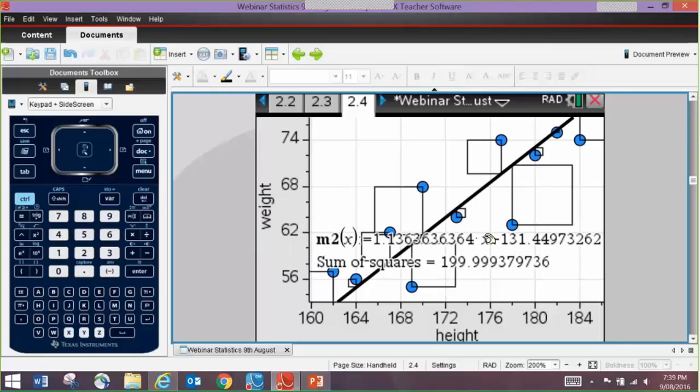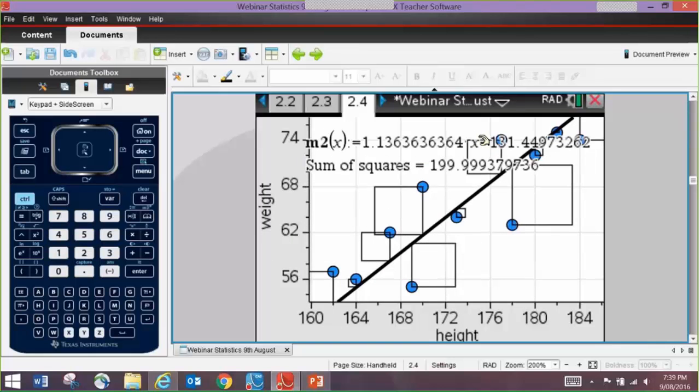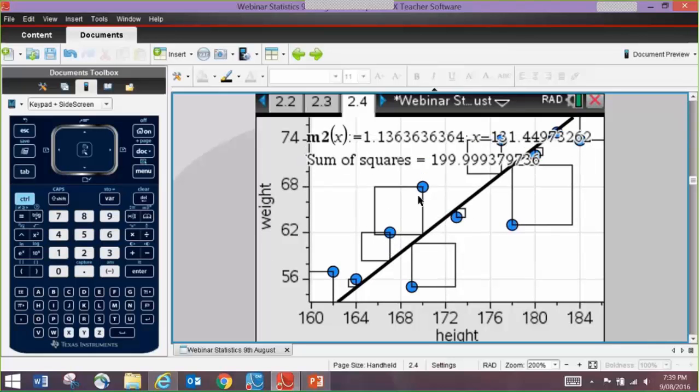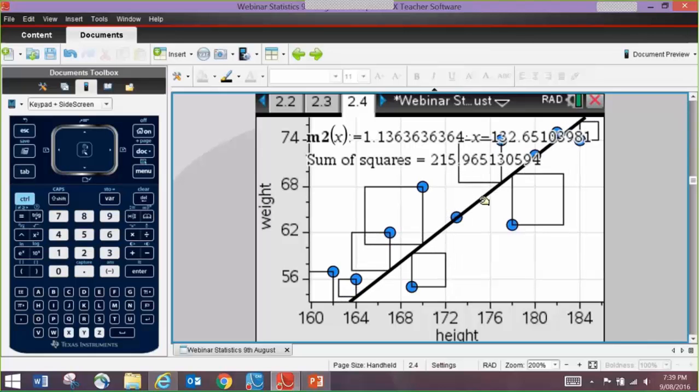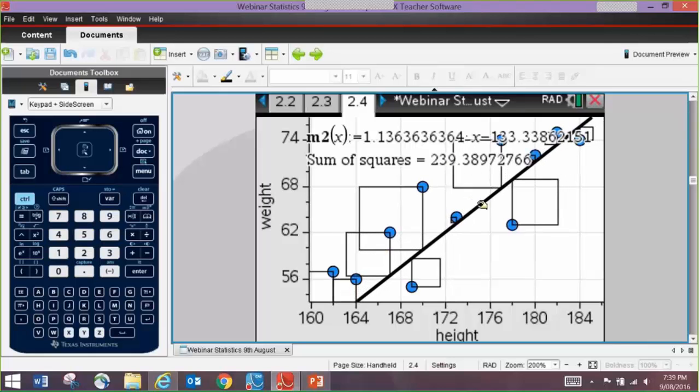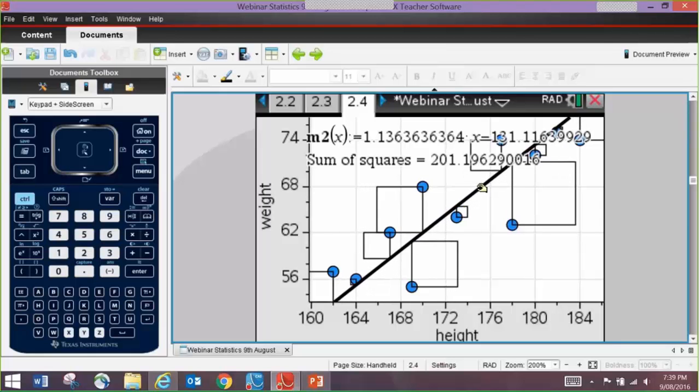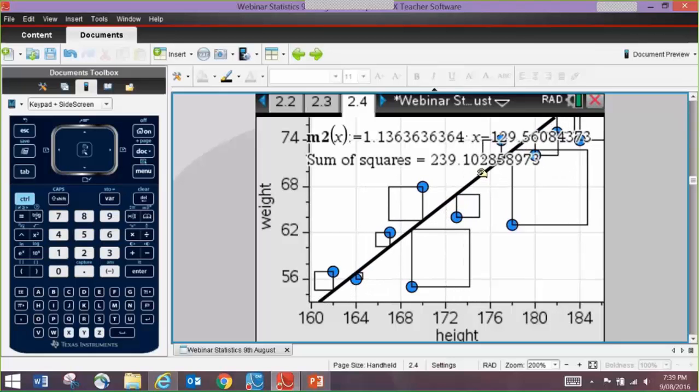This is a bit busy, but you can see that each data point has created a square from the line to the data point. What we can see is there's a sum of squares there of 199.99, and by moving the line, I can see that that sum of squares is getting larger or smaller depending on how I do it.